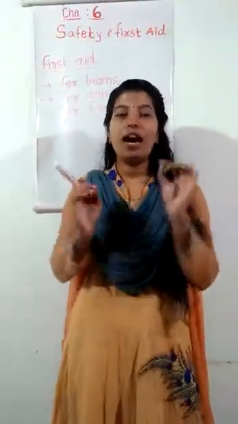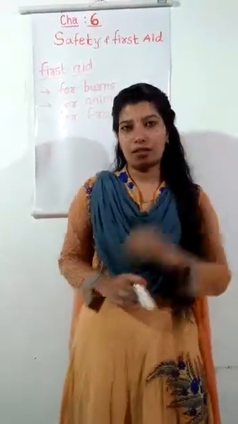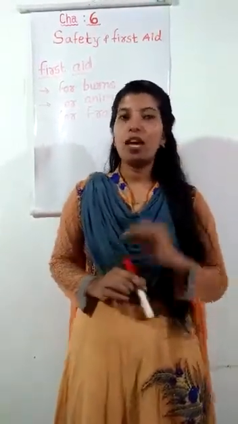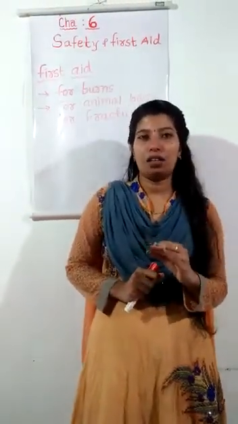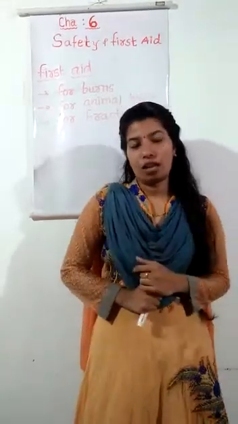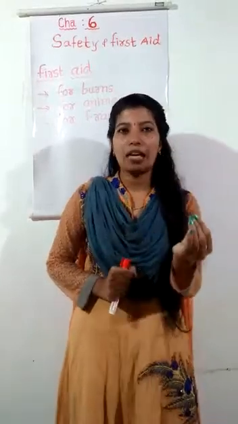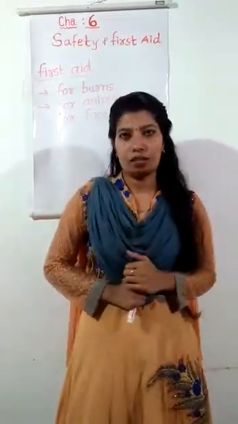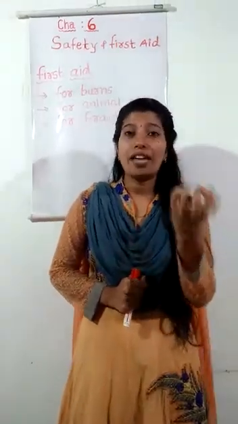Animal bites can cause a deadly disease called rabies, and the risk of rabies is high if bitten by stray or street animals, because they are not trained and sometimes not hygienic.